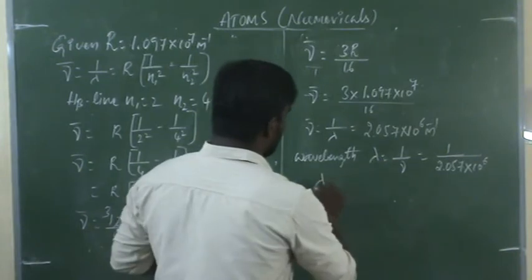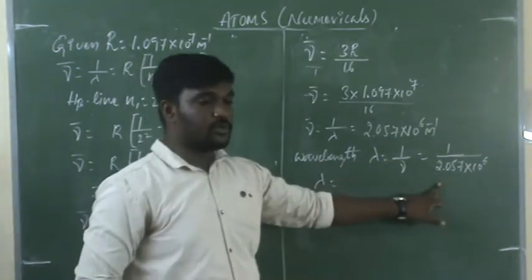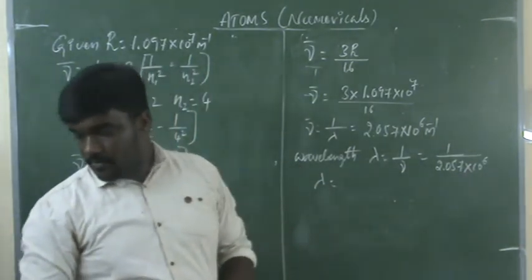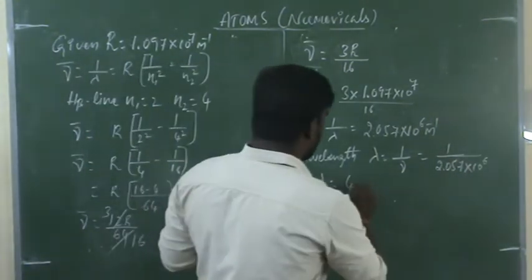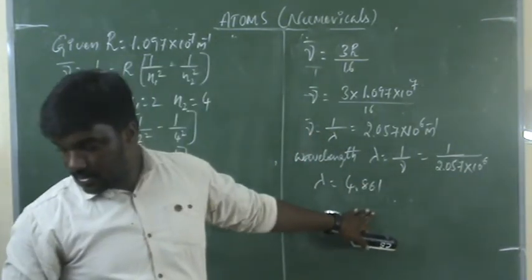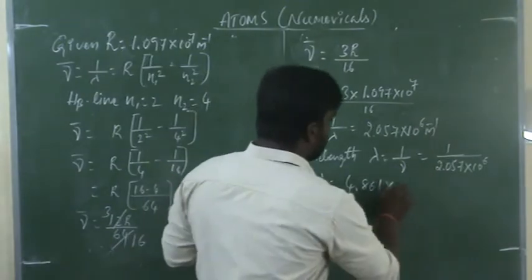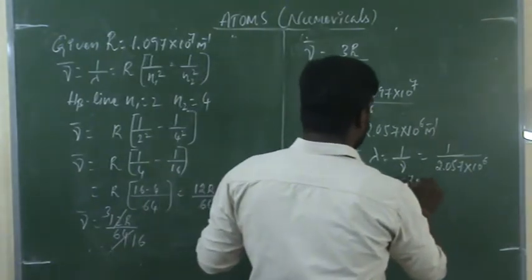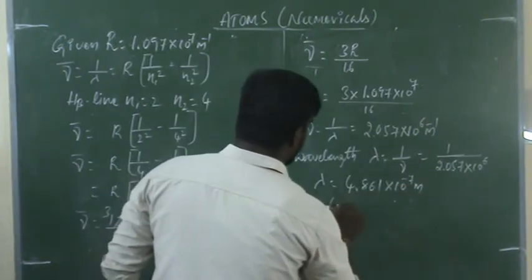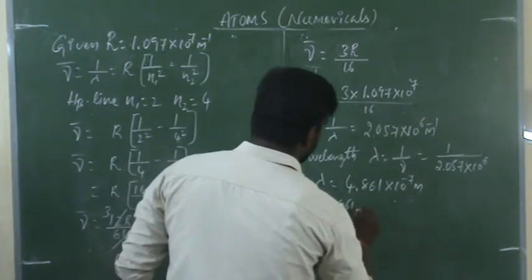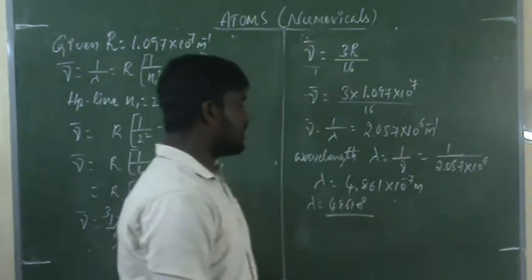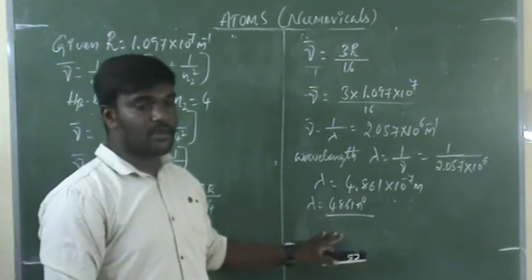What is the value of the wavelength? 1 divided by 2.057 into 10 to the power of 6 means 4.861 into 10 to the power of minus 7 meter. We convert to angstroms: 4861 angstroms. That is the wavelength.